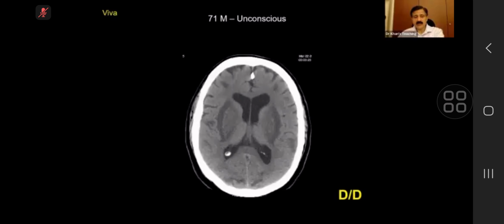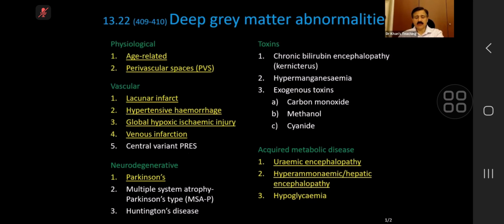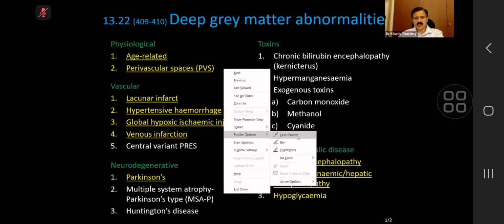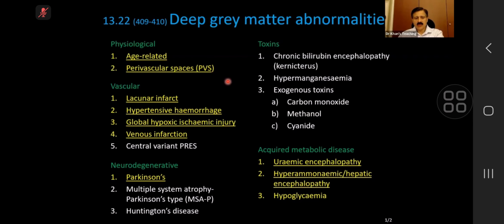The idea here is to do the differential diagnosis for your exam, and this differential diagnosis is for bilateral basal ganglia abnormalities. Your book calls it deep gray matter abnormalities. Of course, thalamus is also deep gray matter. And these toxins are very important. Carbon monoxide, methanol, cyanide.